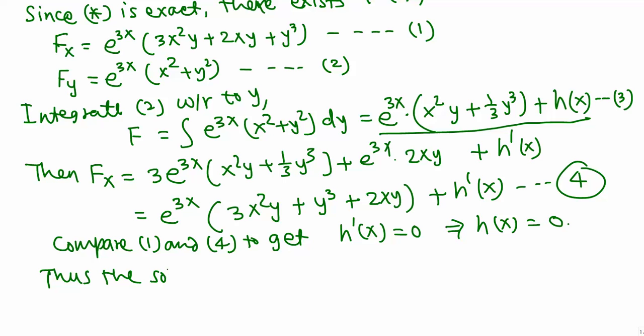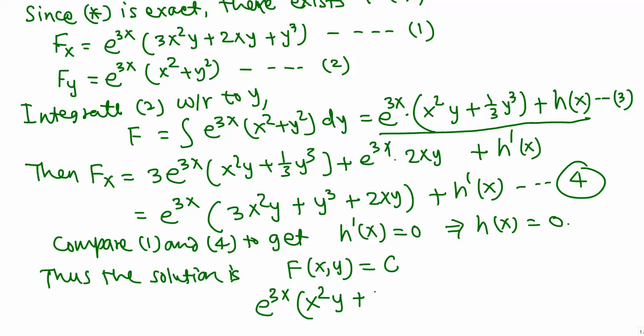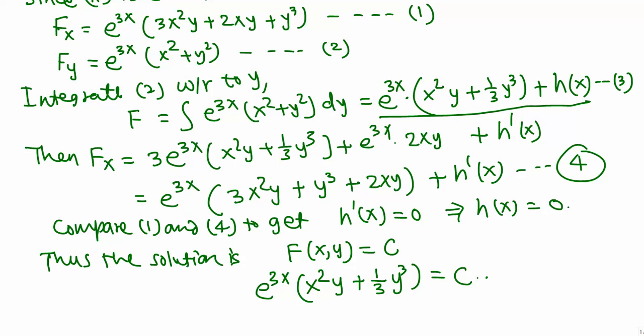Thus the solution is the function equals a constant, where h is 0, or we can take any constant. That constant would be absorbed with this c. So e raised to 3x times (x squared y plus 1/3 y cubed plus h, which is 0) equals c. Okay, this is the final solution.